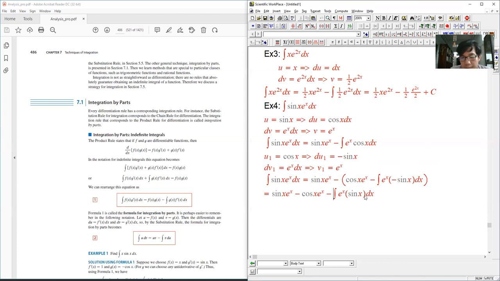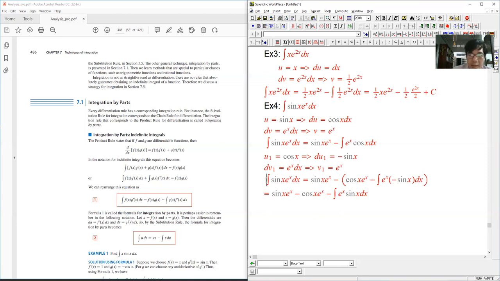We see that this integral is the same as the initial integral.